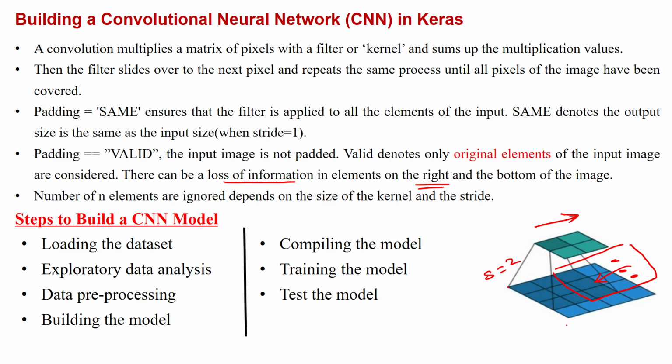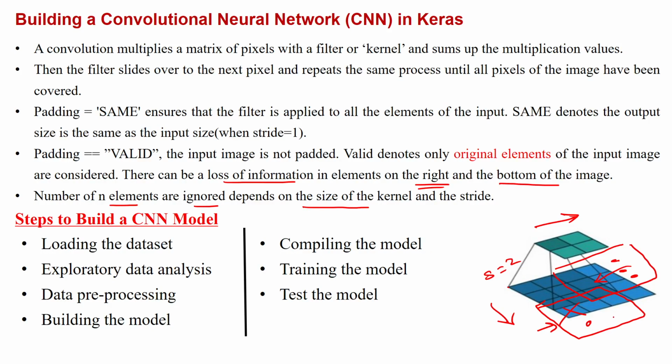At the same time, here you look at stride equal to 2, in the sense this will come this side, when you are moving down the image. So here also there is the possibility of loss of information, so it will not create the feature map for these two pixels. So that is the issue that will happen when you are not using the padding. So the number of elements ignored depends upon the size of the kernel.